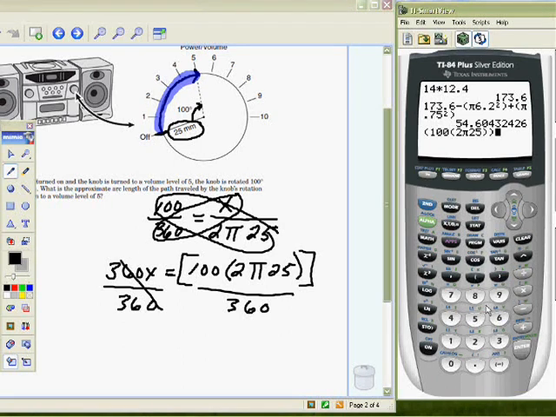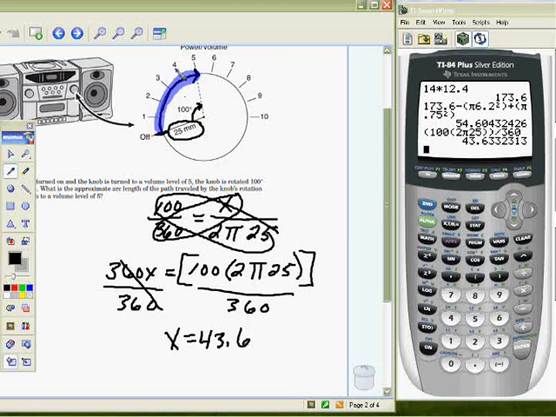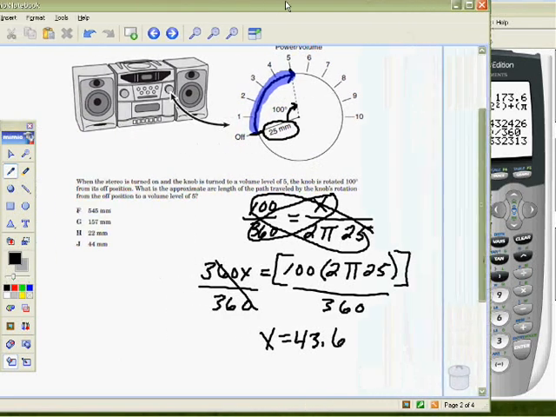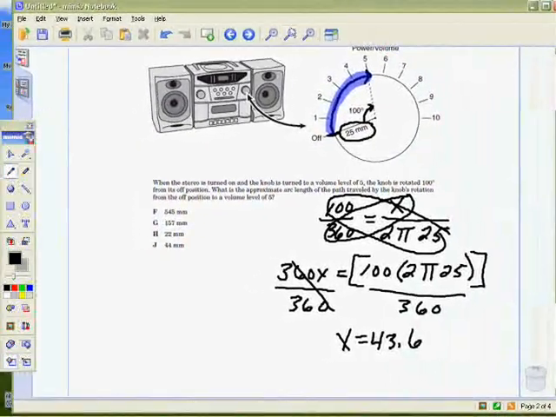That's my entire top divided by 360. And I get x equals 43.6, which is J.